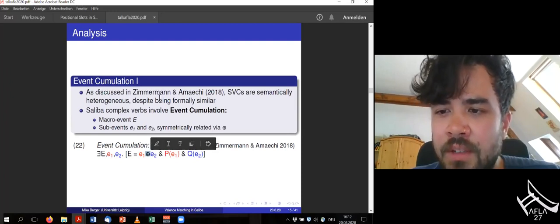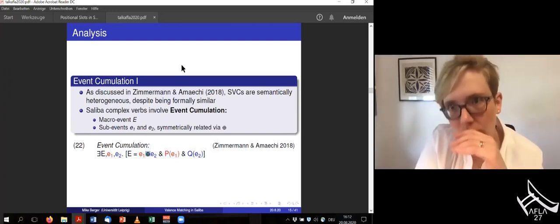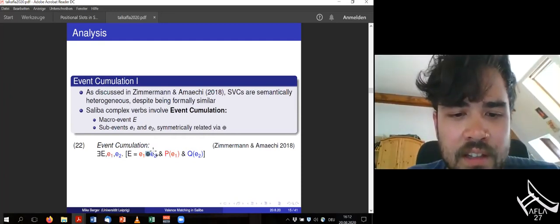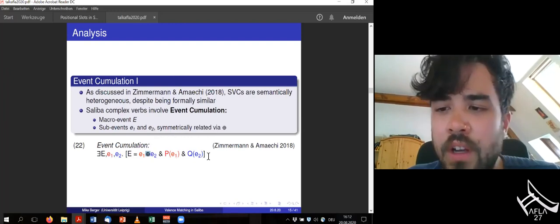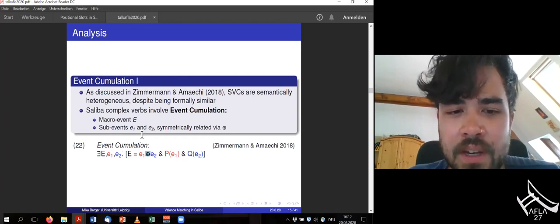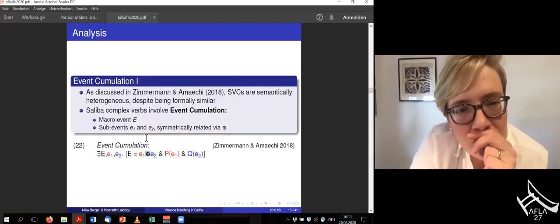I somehow need them to form a cohesive unit, right? Because things like TAM and negation can only target the whole complex, but you can't target individual sub-events. And the other reason I did this was I needed to distinguish E1 and E2. One of the reasons I'm going for this is because I don't want predicate modification, precisely because of cases like 24.